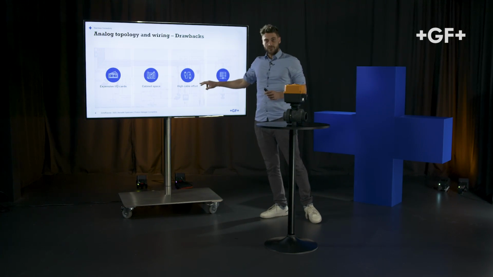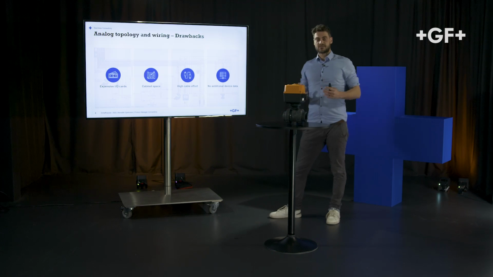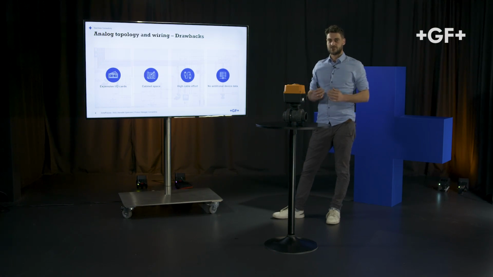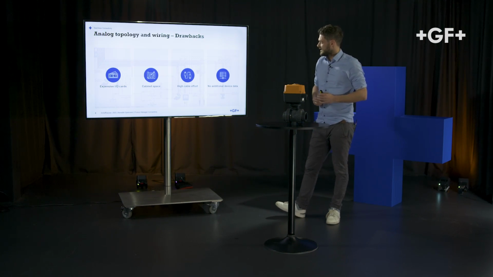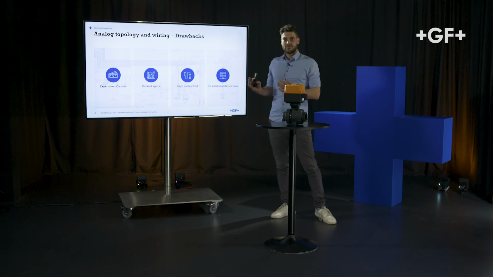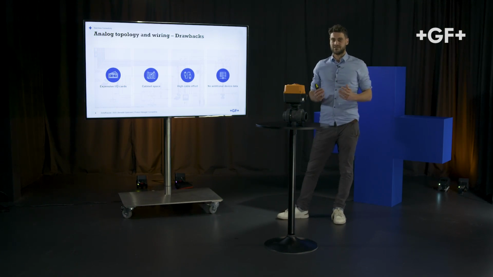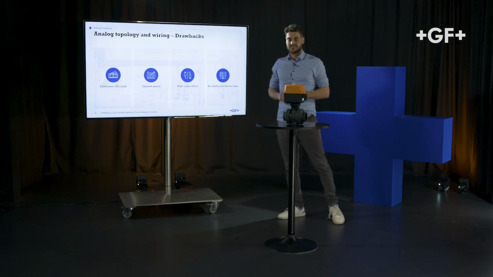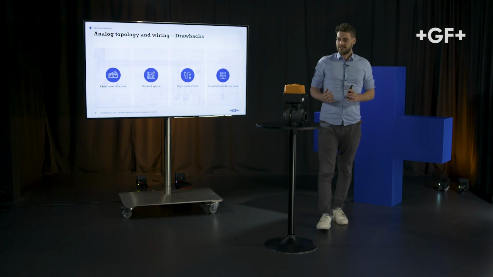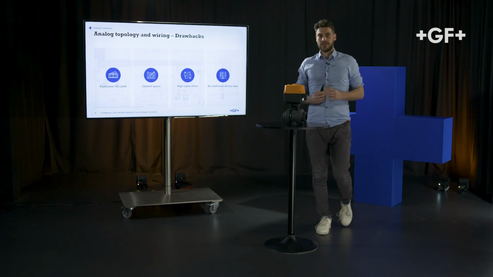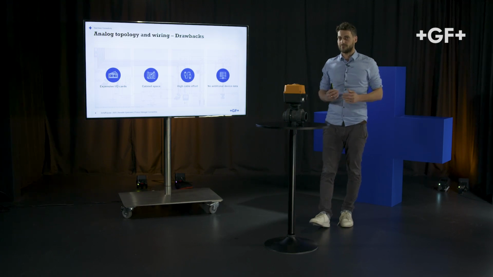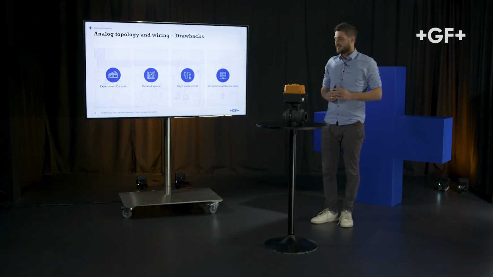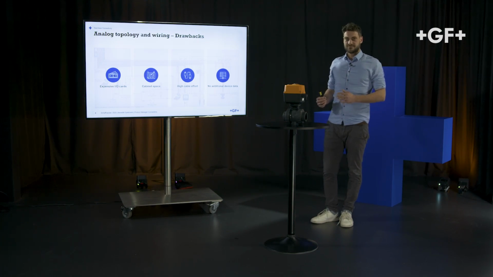I was already talking about the cable effort, which is actually the biggest pain point for our customers in the initial setup of the process plant. And besides all those hardware-driven and physical issues, we have also the lack of additional device data. Our devices produce a lot of valuable data, but with 4 to 20 milliamp technology, this data is locked in the device.